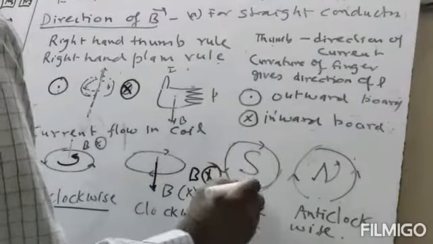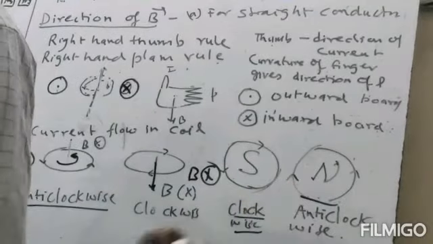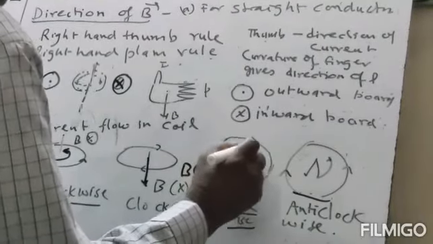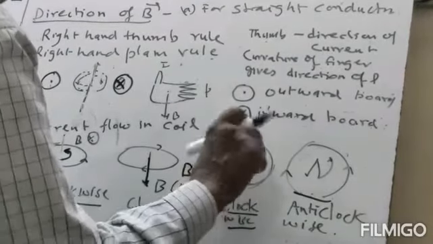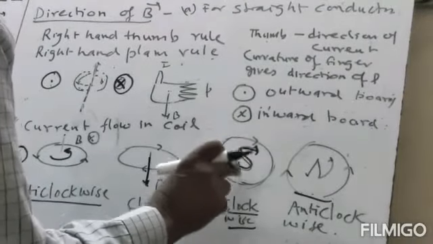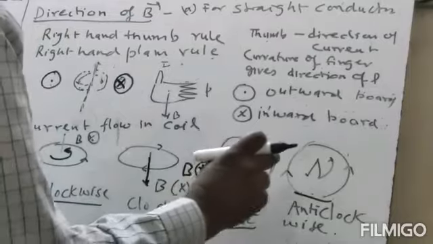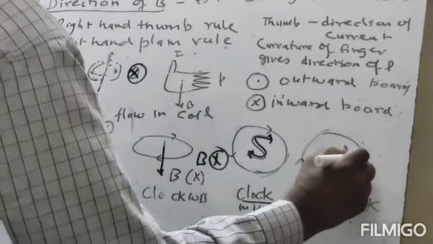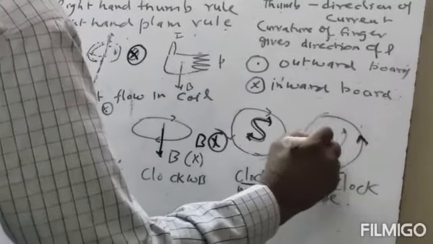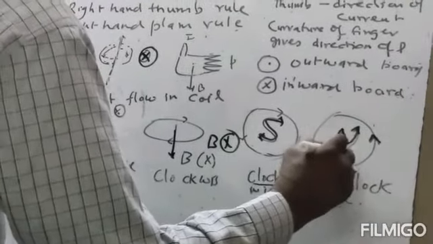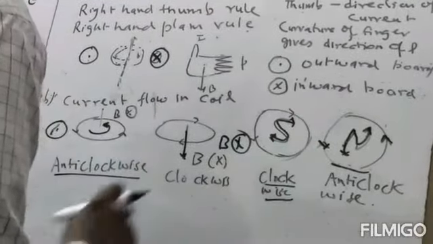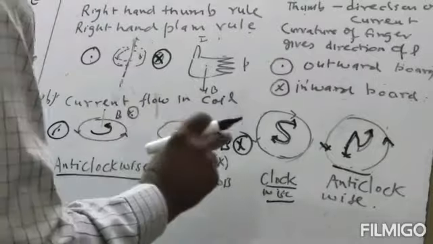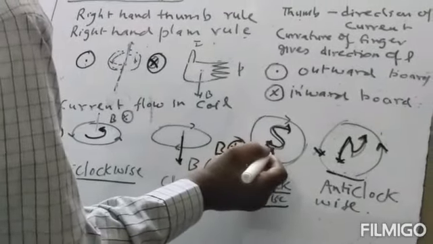Here the current is clockwise, and here it is anti-clockwise. Then from this side, it will be represented as the south pole, S, and if the current is passing anti-clockwise, it will represent the north pole, N. So if the current flowing in the circular ring is clockwise, then that face will appear as a south pole.